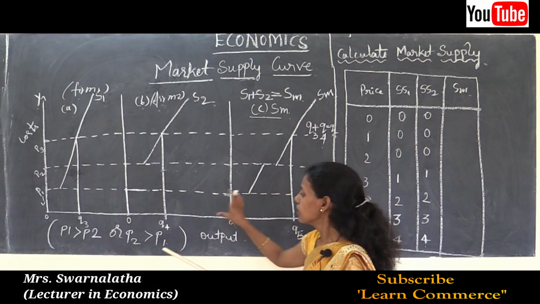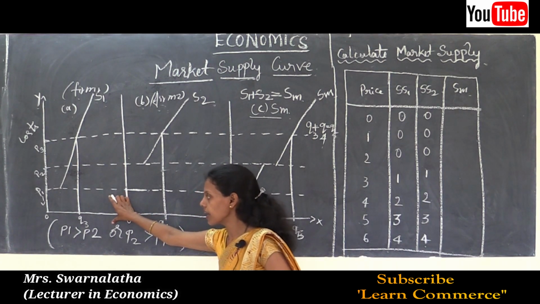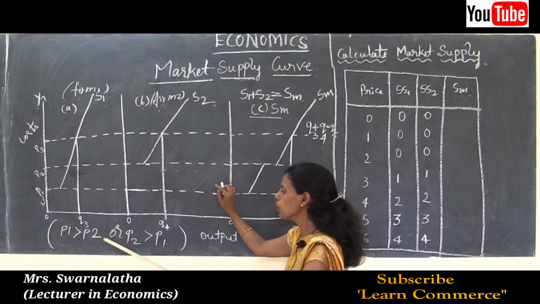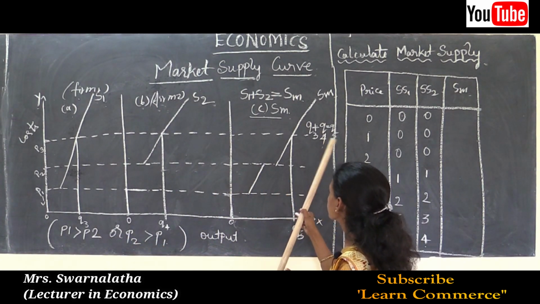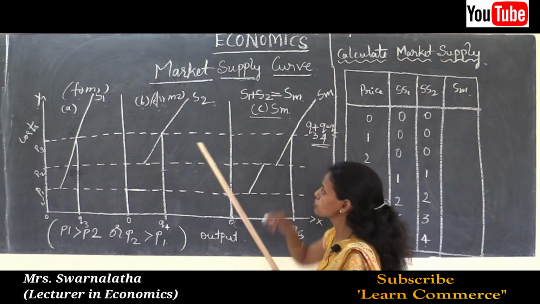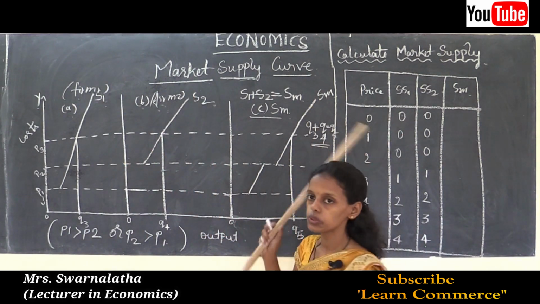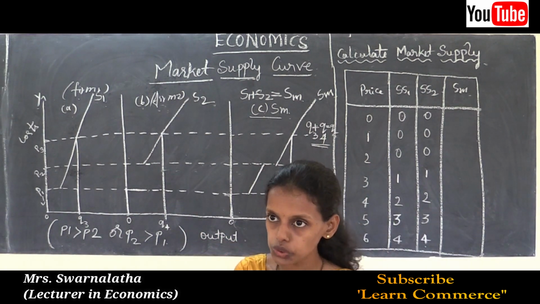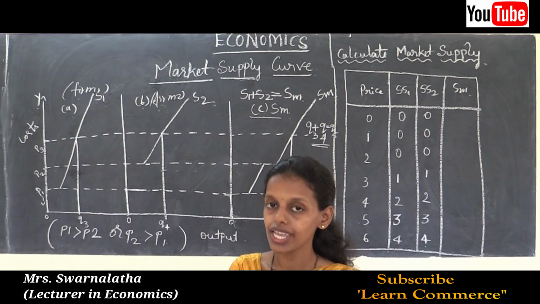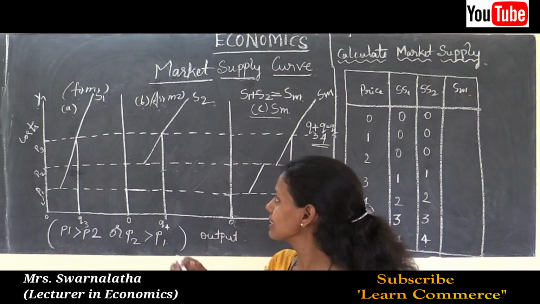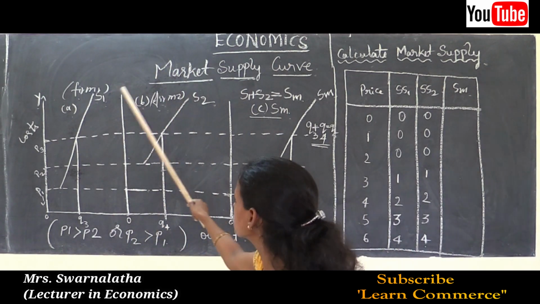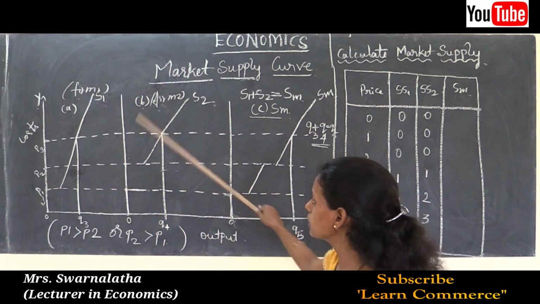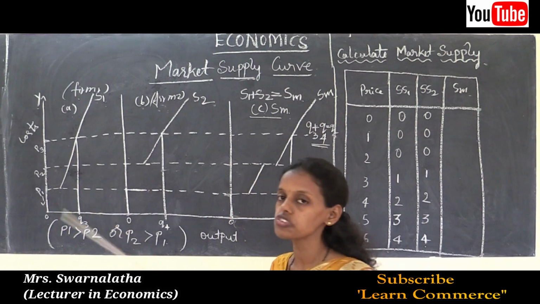It means firm 1's supply is added together with firm 2's, and together they form the market supply. Thus, S1 plus S2 is equal to SM: the supply curve of firm 1 plus the supply curve of firm 2 together form the market supply. Market supply is the supply curve derived through the horizontal summation of different supply curves with different cost structures.